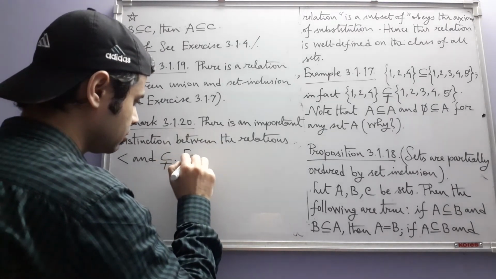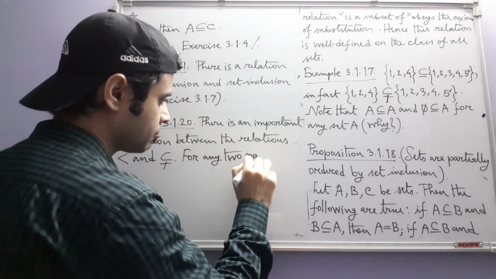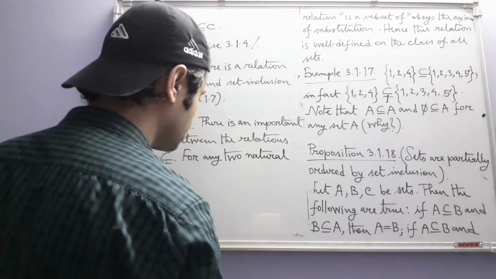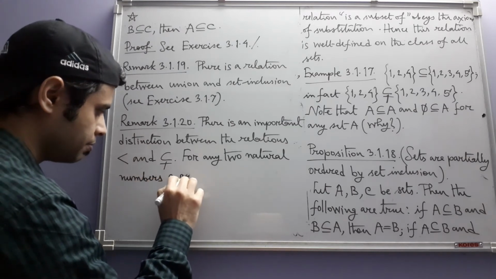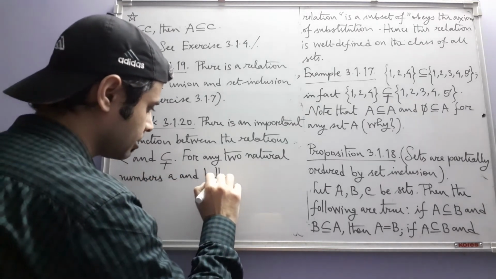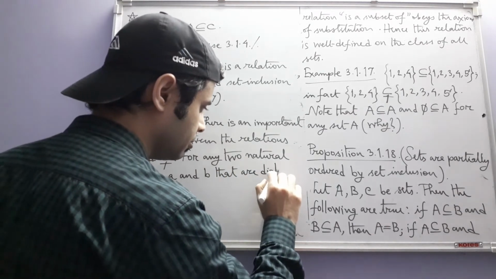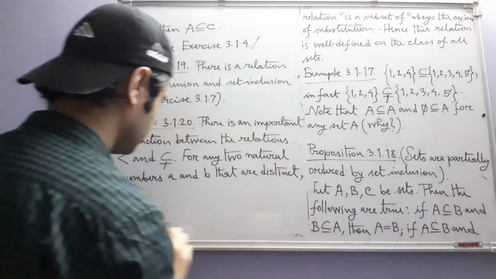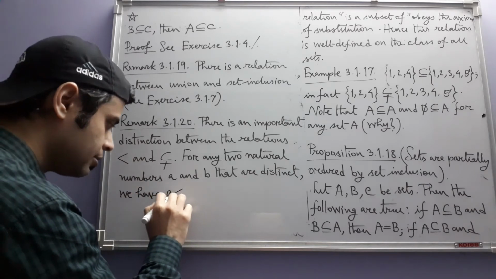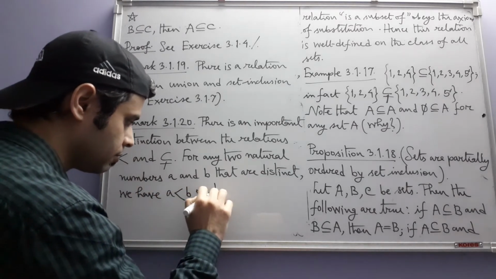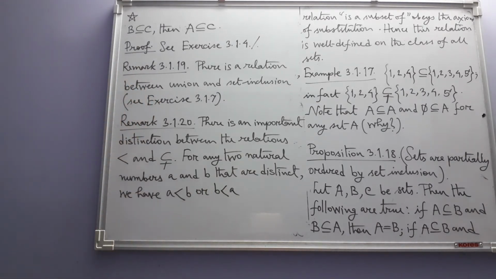For any two natural numbers A and B that are distinct, that is A is not equal to B, we have A is less than B or B is less than A. This was the result that is called trichotomy.